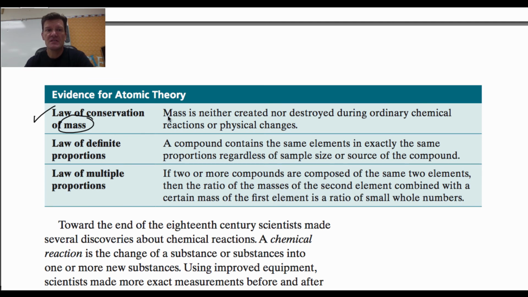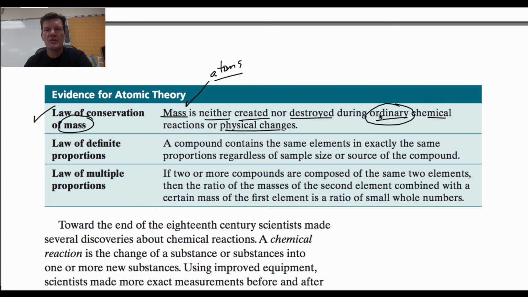So what it says is mass, you could just as easily say atoms here. Atoms, since they have mass, are neither created nor destroyed during ordinary chemical reactions or physical changes. Now we say ordinary because scientists are getting more and more sophisticated, and they're smashing things together and trying to create new stuff.